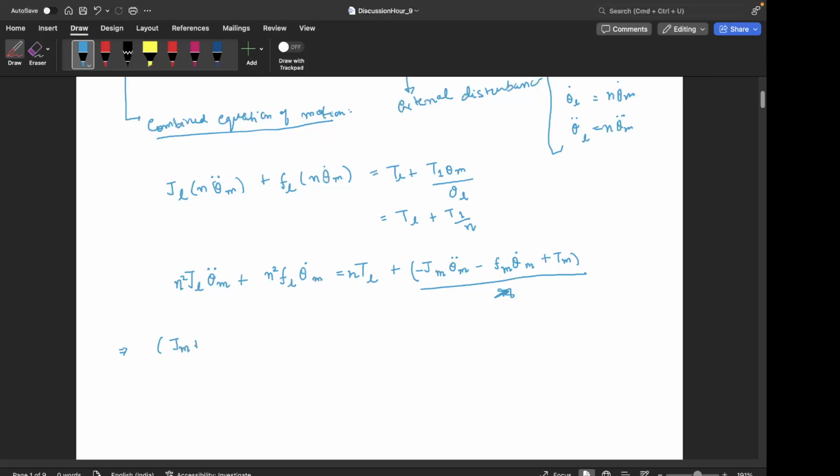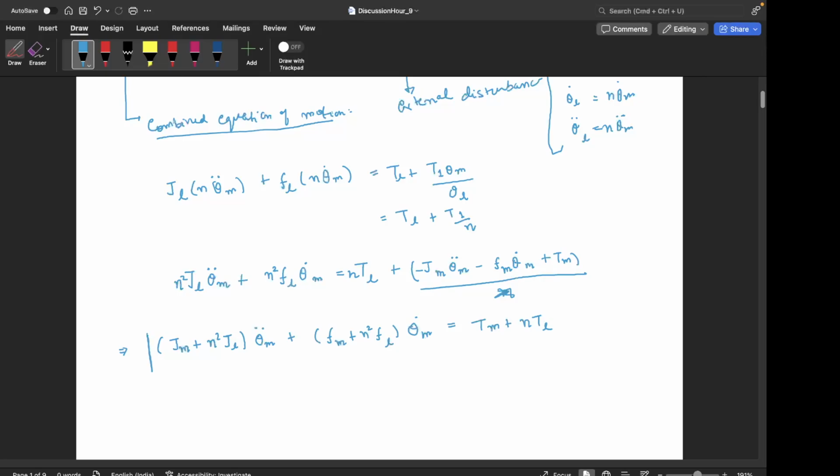Jm plus n square JL theta m double dot plus Fm plus n square FL theta m dot is equal to Tm plus n times TL, right?